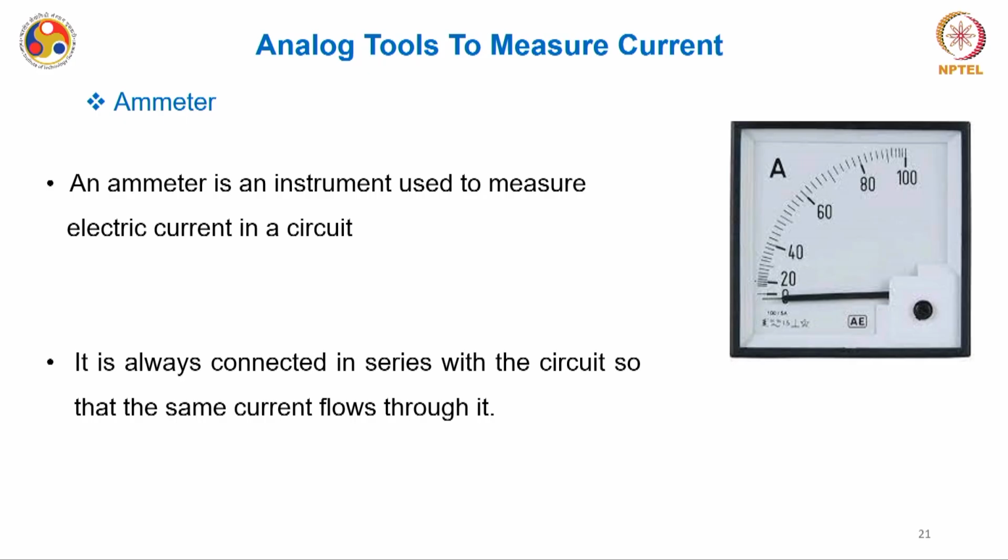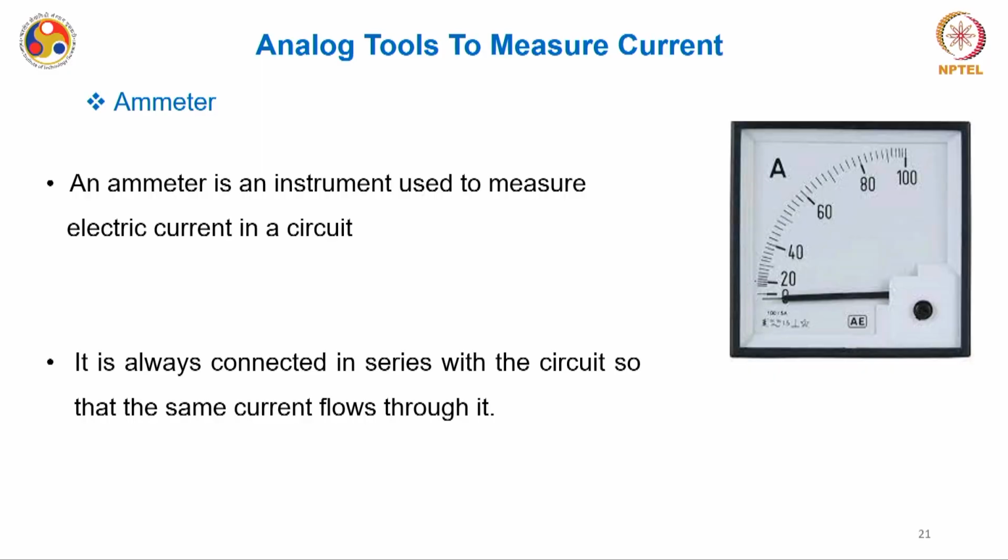This is as simple as this, but there are certain rules on how these ammeters will be connected in the circuit or through the resistance through which you want to measure the current. So these ammeters are always connected in series with the circuit or the resistance through which you want to measure the current.